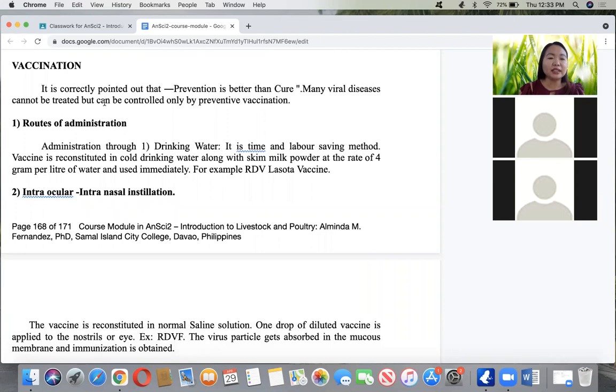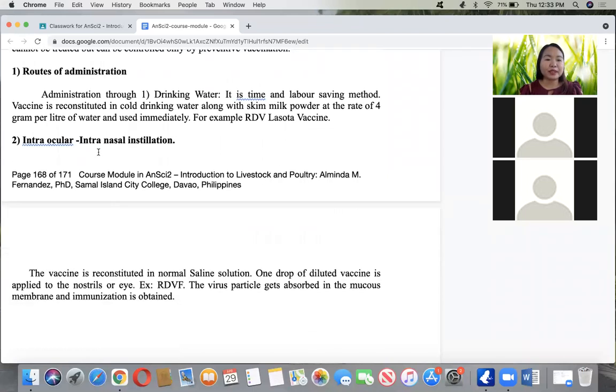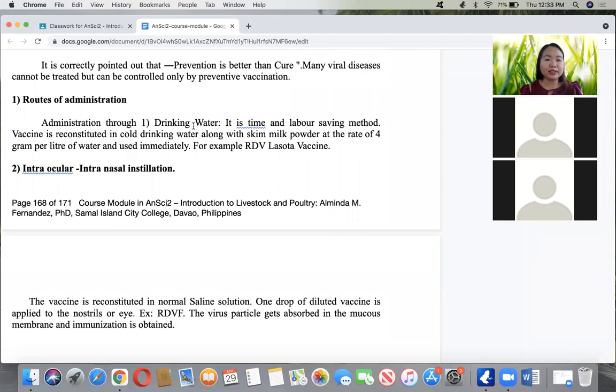So vaccination, prevention is better than cure that's why mas safe pag naka-vaccinated. And many viral diseases cannot be treated but can be controlled only by preventive vaccination. So for the routes ng administration, pwedeng drinking water, no? It's a labor-saving method, reconstituted in the cold drinking water with skim milk powder at a rate of 4 grams per liter water.